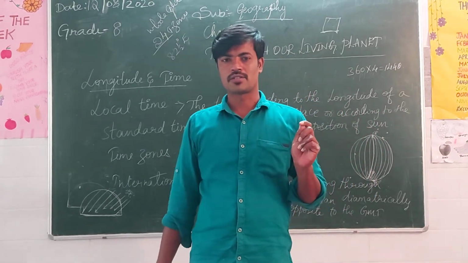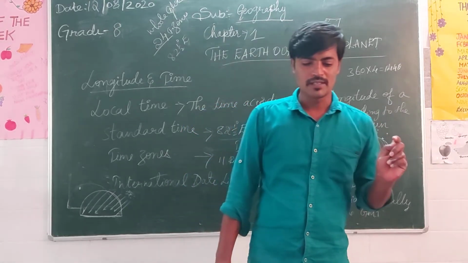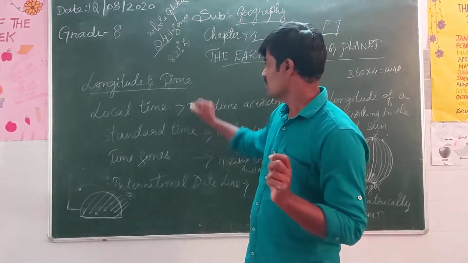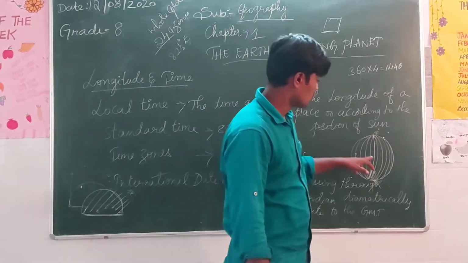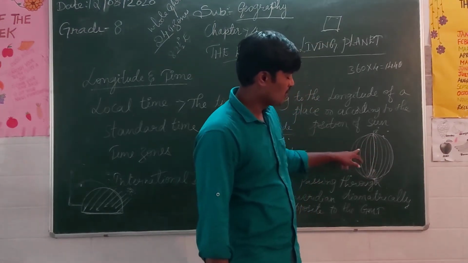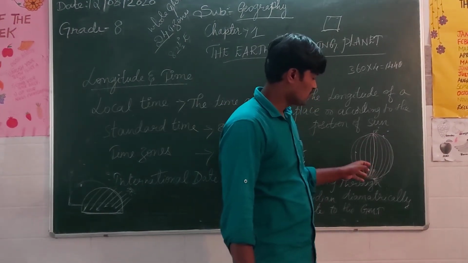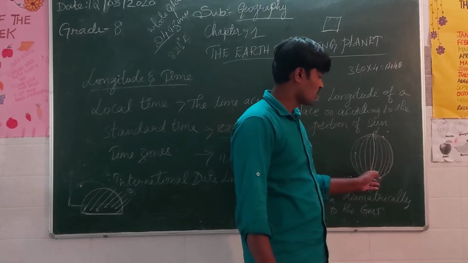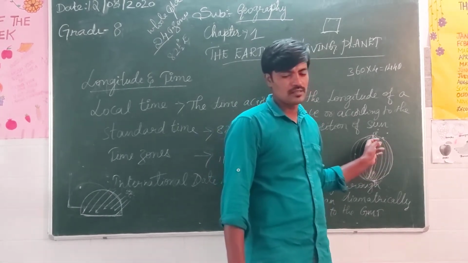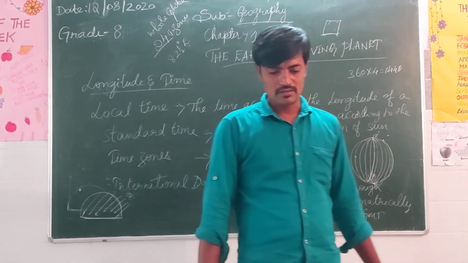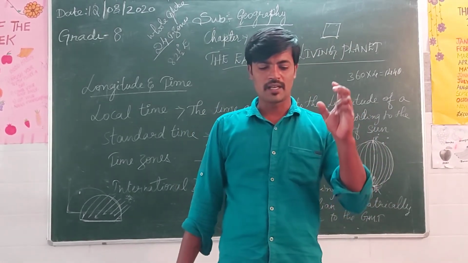At the same time, this means it has to cross 360 longitudes. In order to complete 24 hours, it has to pass 360 longitude lines. That is the period of time it takes.